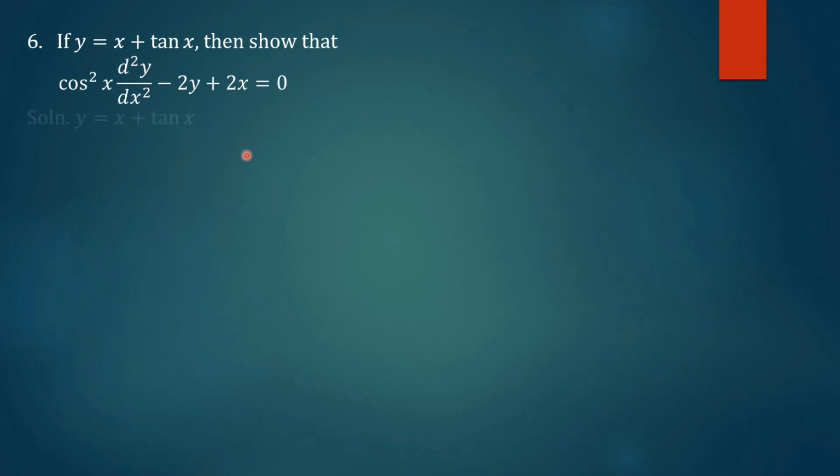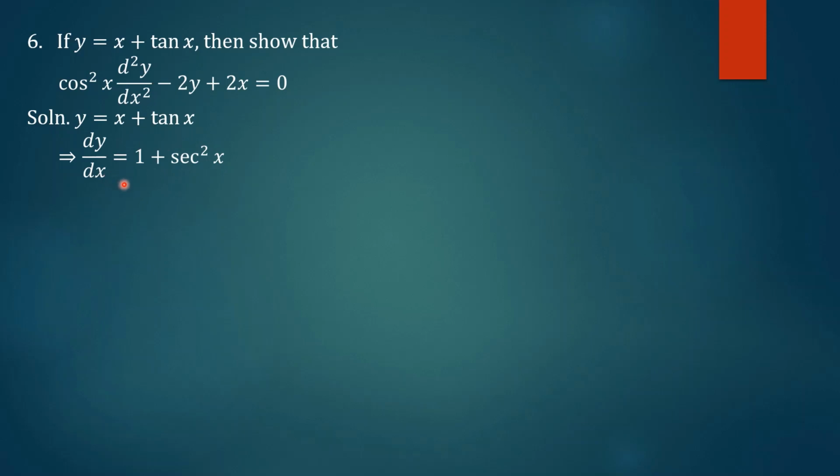First write the given expression, y is equal to x plus tan x. The problem is a second derivative problem, so there may be some replacement from the previous lines. So first find dy/dx. You see dy/dx will be 1 plus the derivative of tan x, which is sec square x. Very simple, but do not differentiate here directly, because you see the structure of the answer. There is cos, y and x there, not like this.